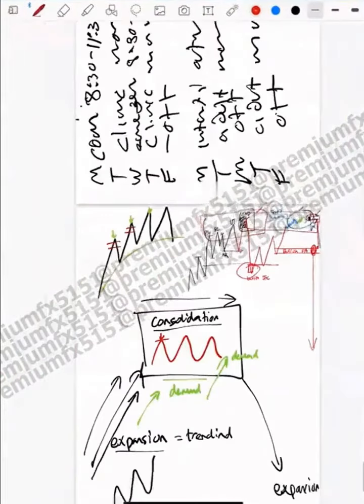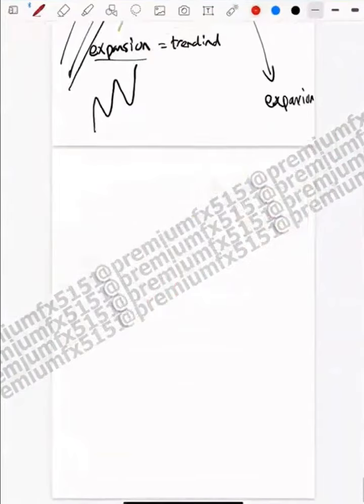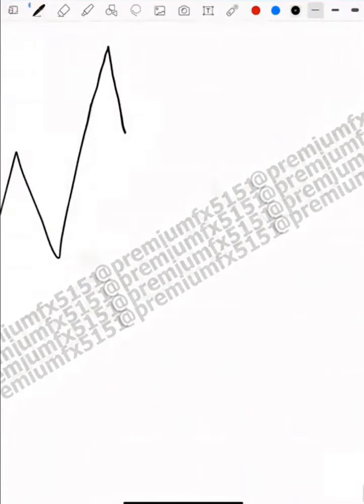Okay, now I'm going to come to a fresh page because that was messy. I'm going to draw out the same thing. Bullish price action, expansion. We enter now deeper retracements, and we are starting to move.